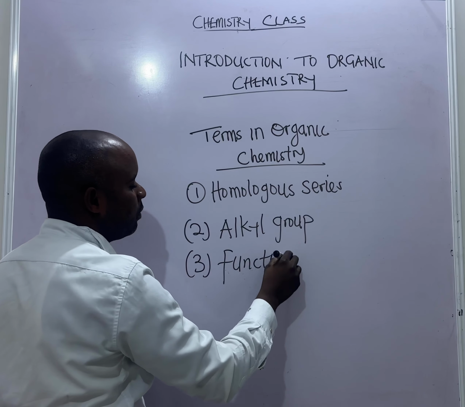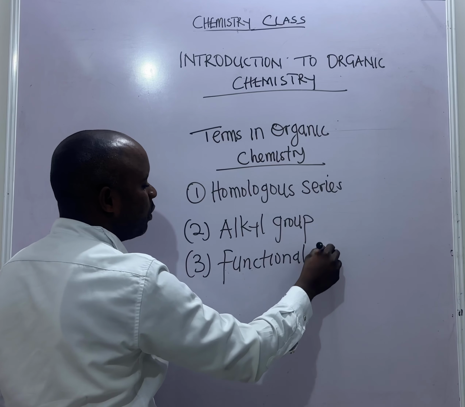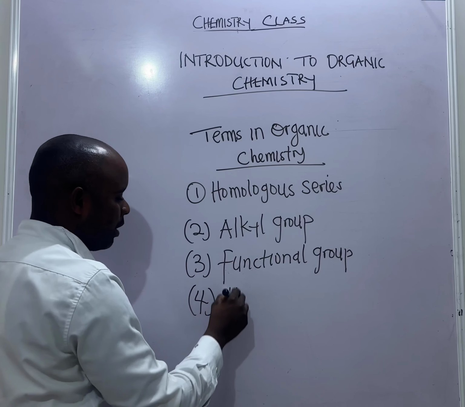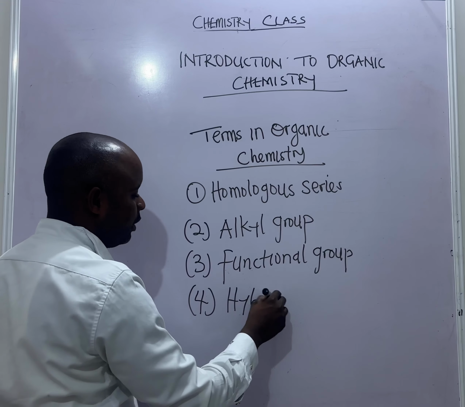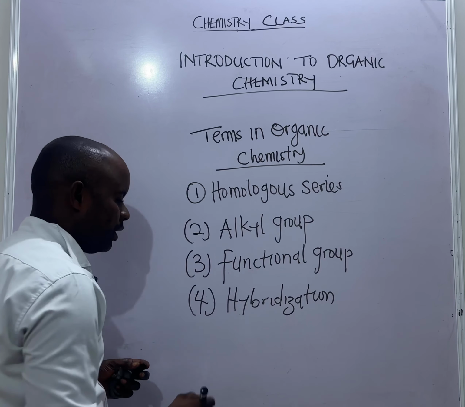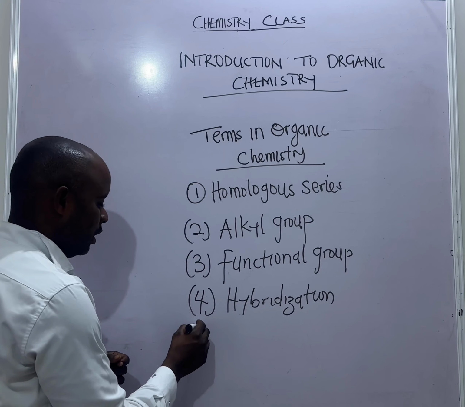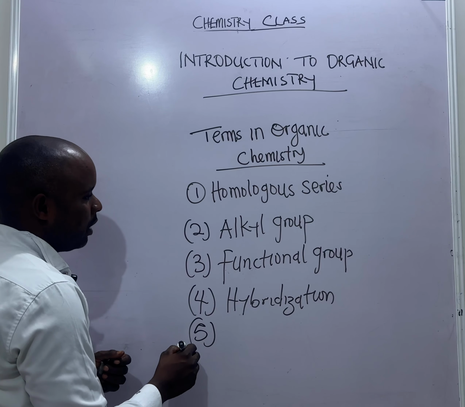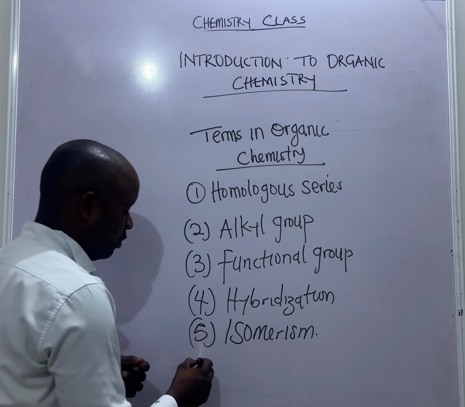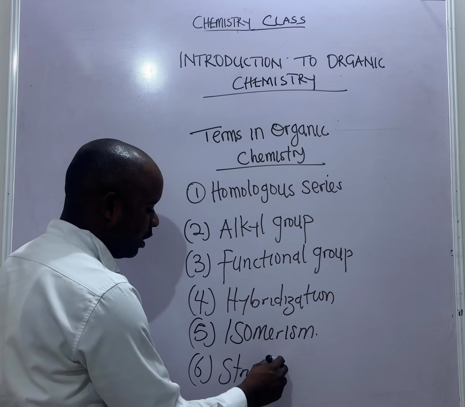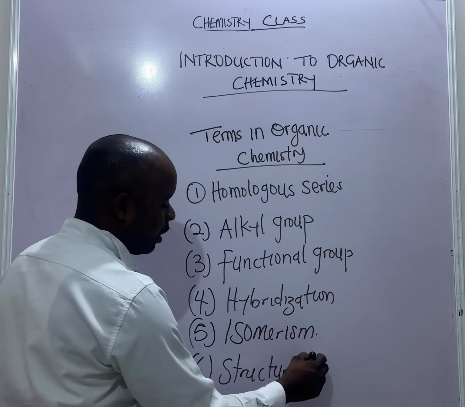Then let's talk about hybridization. I think we're going to have a separate lesson on hybridization so that we explain the basic concept. After this, we talk about isomerism. Sixth, we'll talk about the structural formula, the arrangement of these atoms.